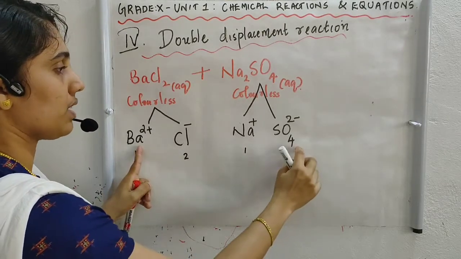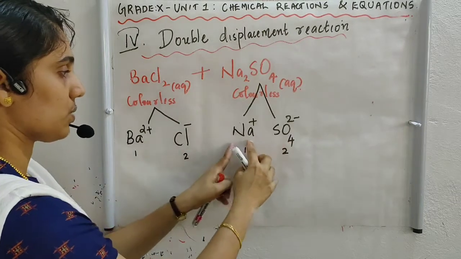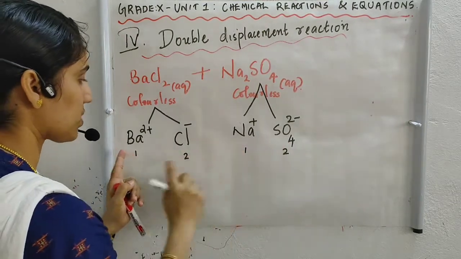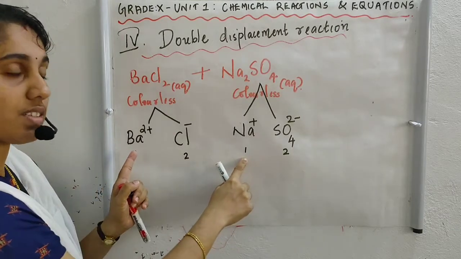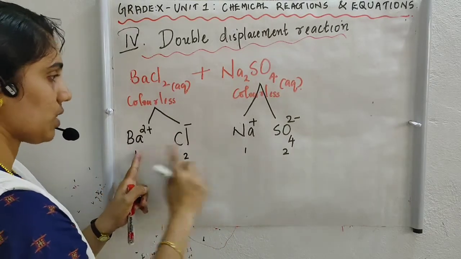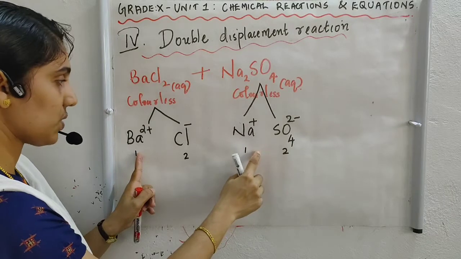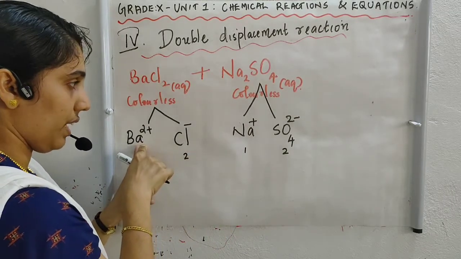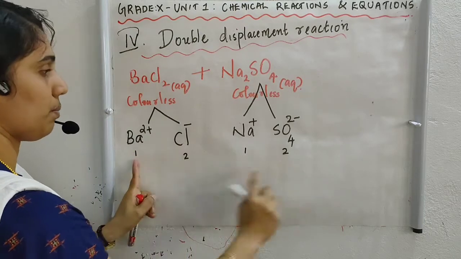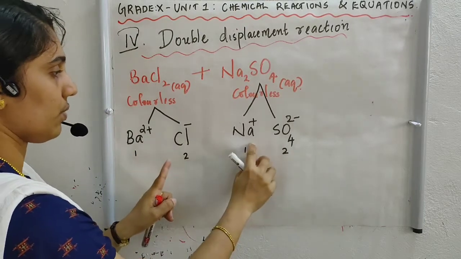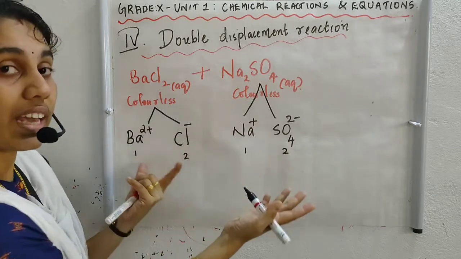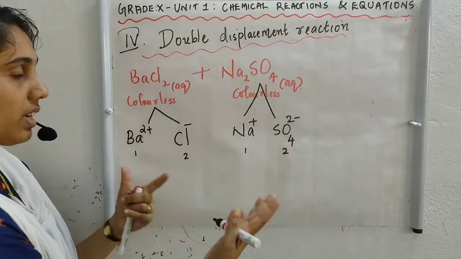The first one combines with the second of the other, and so on. Two ionic compounds exchange their ions, and we get the products.